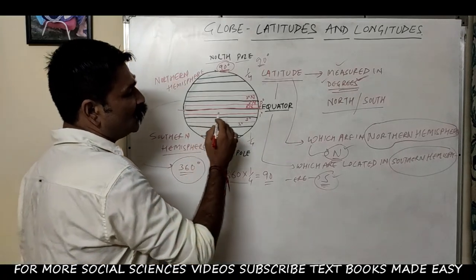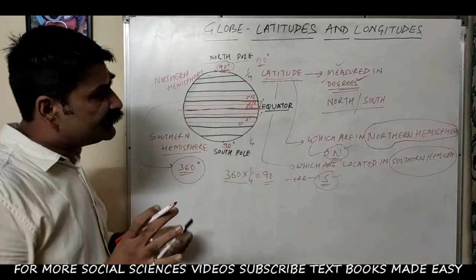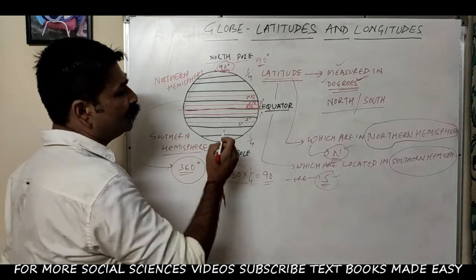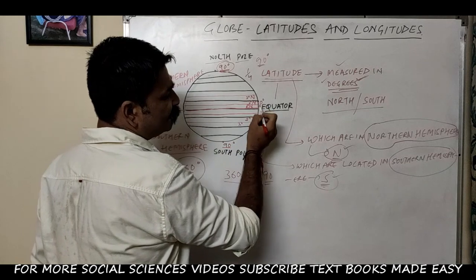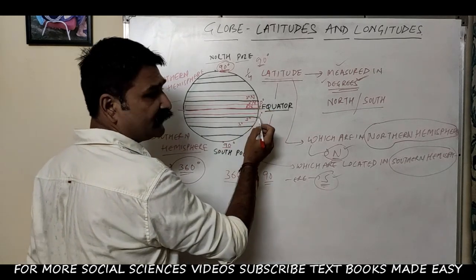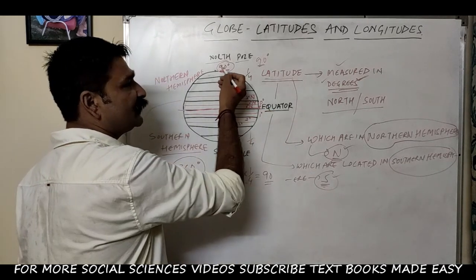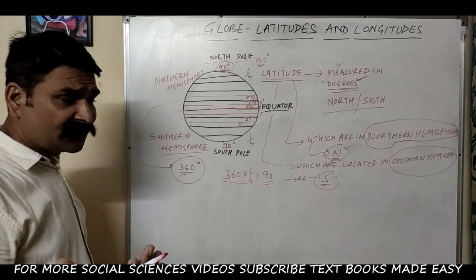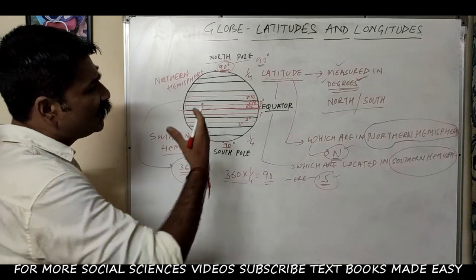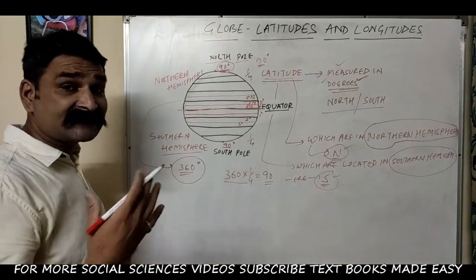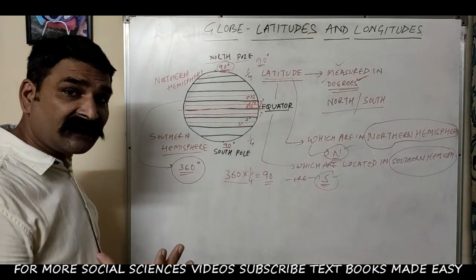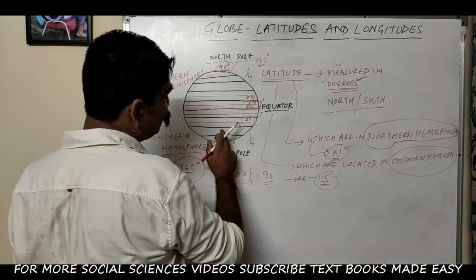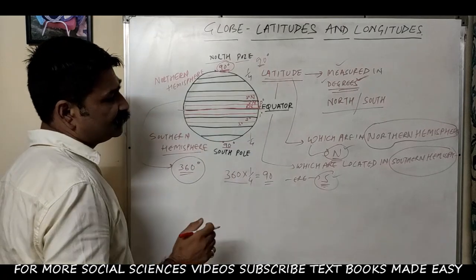Okay, so this is done in order to remove the confusion, as we have 1 degree in the northern hemisphere and also 1 degree in the southern hemisphere. We have 90 degree in the northern hemisphere and 90 degree in the southern hemisphere. Fine. So N and S tell us about the location of a latitude, whether that latitude is located in the southern hemisphere or in the northern hemisphere.